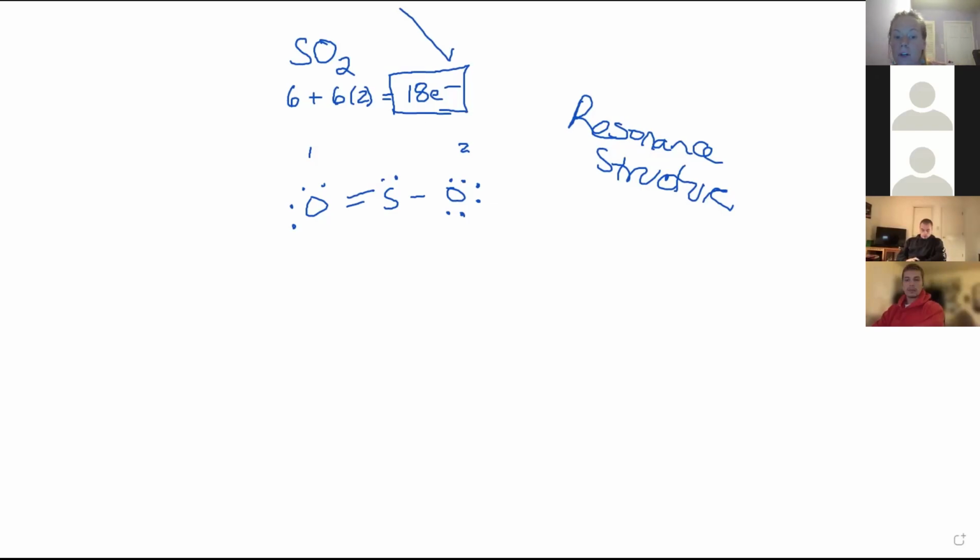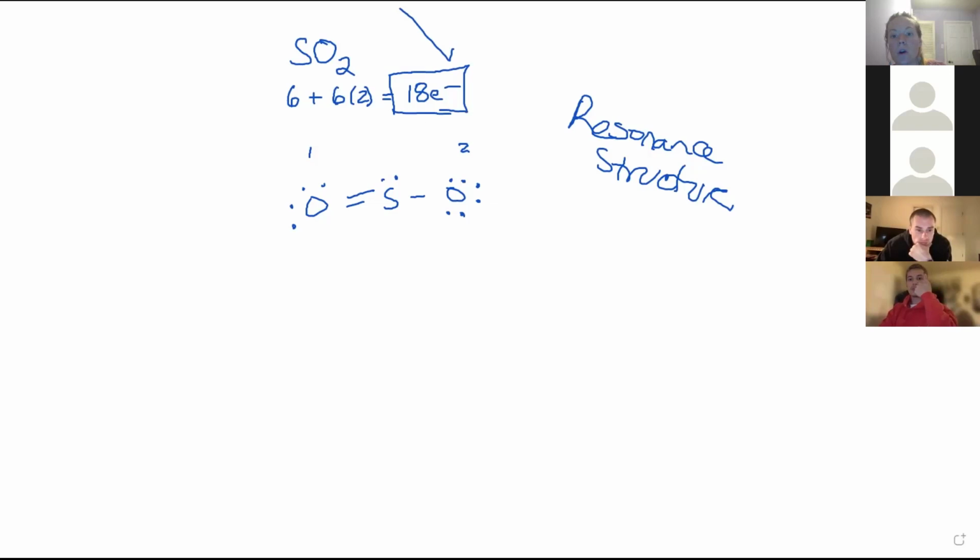You could make it off the first. They're sort of existing simultaneously. Sometimes they're drawn where they'll make each one, and they'll put a set of arrows between, saying that double bond is kind of oscillating or intermittent. So if you ever get to a point in your structures where you need to make a double bond, you don't want to make a double bond on everything, you just need to pick one of them, you've hit what's known as a resonance structure.